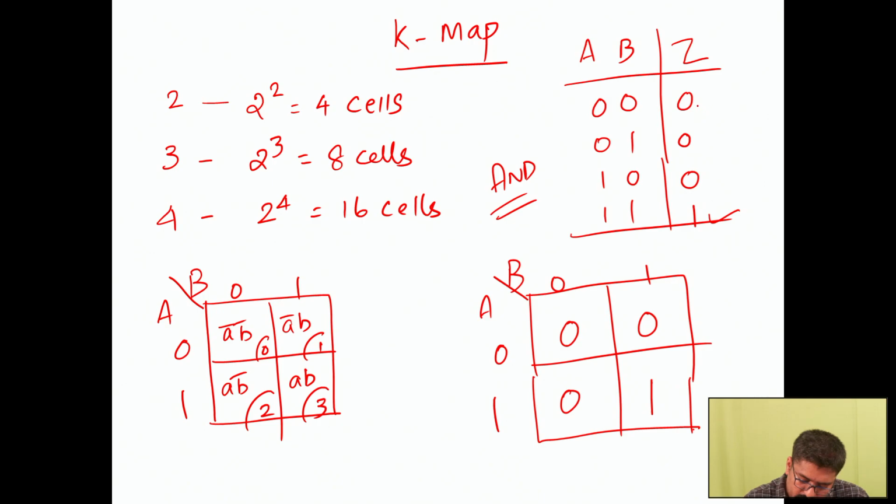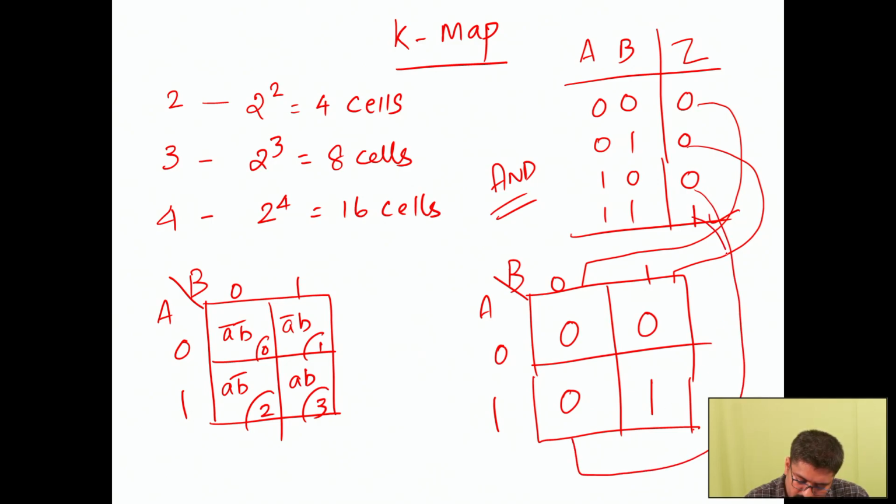So this will come here, this will come here, this will come here. Okay, so this is how we should enter the values in the K-map. Now let us see how to proceed further.